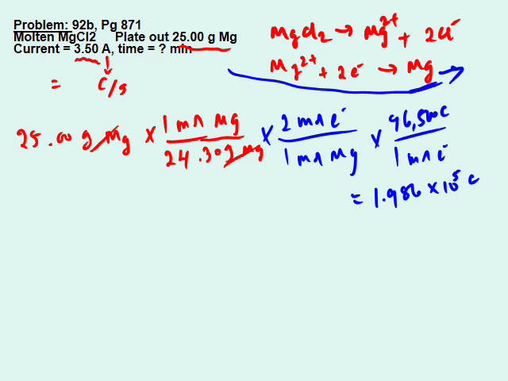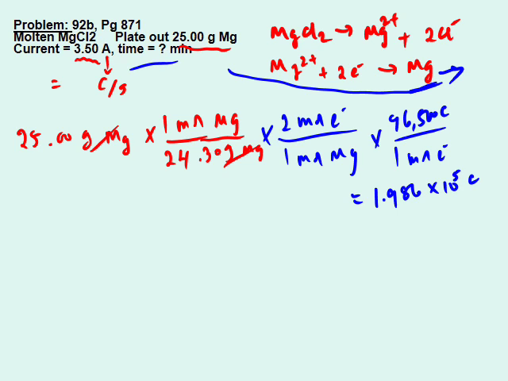But the question is not asking for coulomb or electrical charge. I'm sorry, the question is asking for time, not current. Current is given. The time in minutes is what they're asking for.